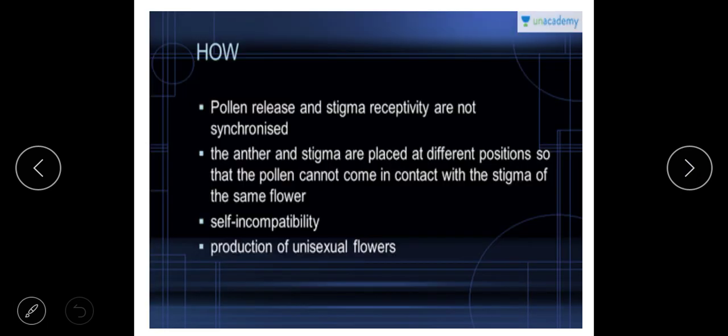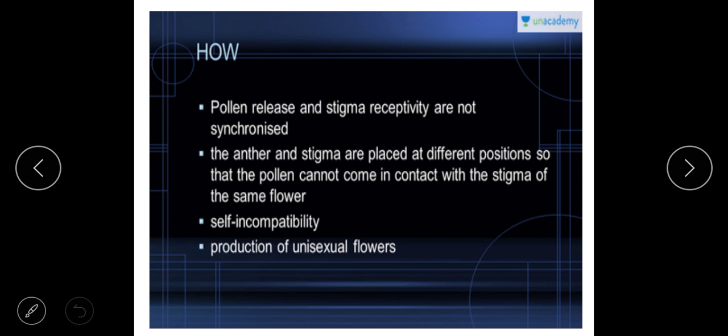Now in pollination, sometimes the pollen fails to germinate on the stigma of the same flower, especially in bisexual flowers. Why is it so? The flowers are bisexual, they are chasmogamous, but the pollen grains are not able to germinate. The reason is that they prefer cross-pollination for genetic variability. So in these plants, outbreeding devices are developed.